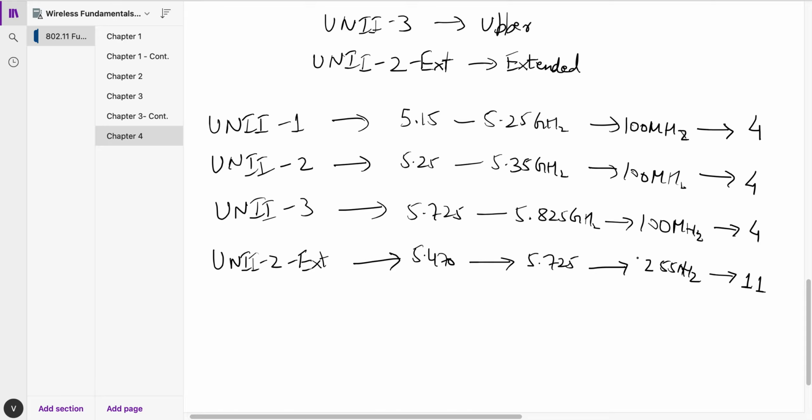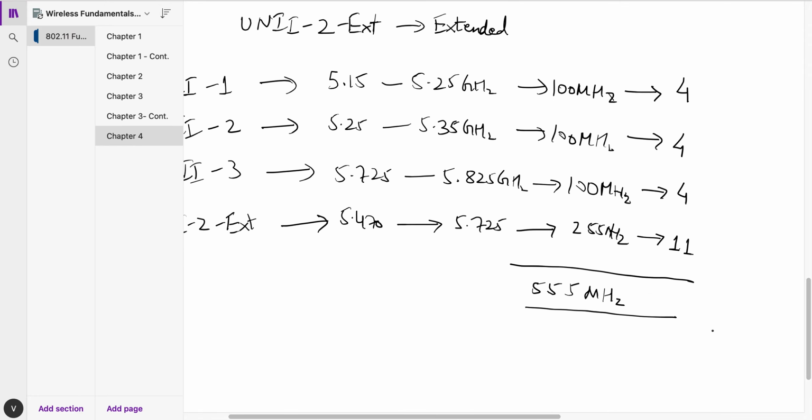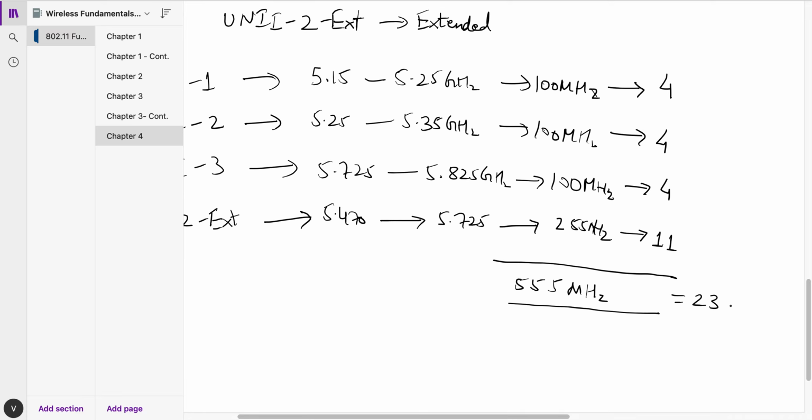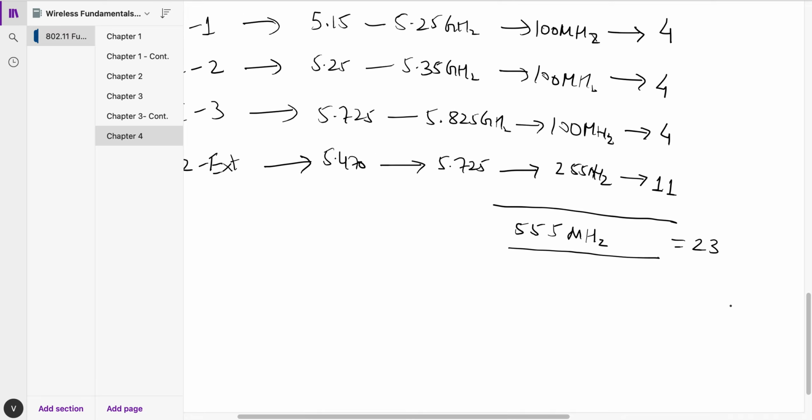By the way, if you add these frequencies which are available to us, the total becomes 555 megahertz of frequency band to send traffic, and this has 4 plus 4 plus 4 plus 11, 23 channels in total, and all of them are non-overlapping in 5 gigahertz.